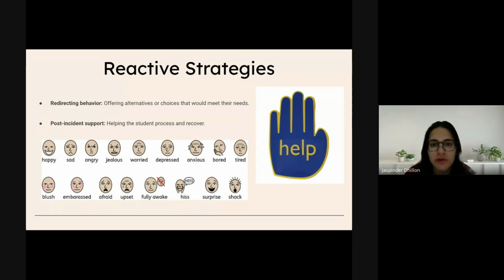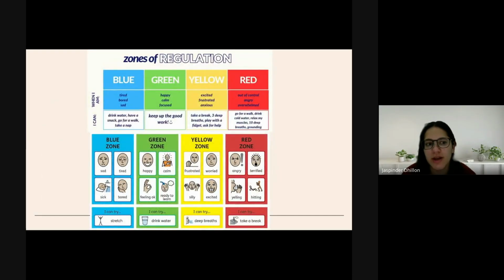So one of the ways that you could help children associate these emotions, and to not only help them recognize their own emotions but also what others might be feeling, is using one of the strategies, which is zones of regulation.